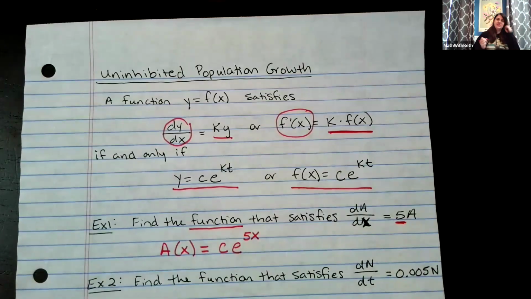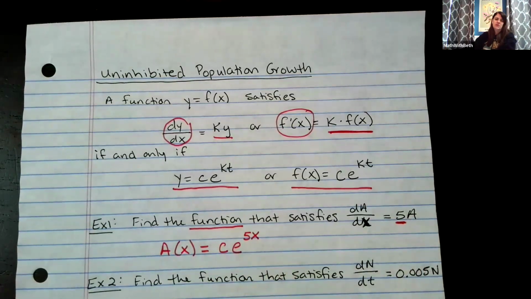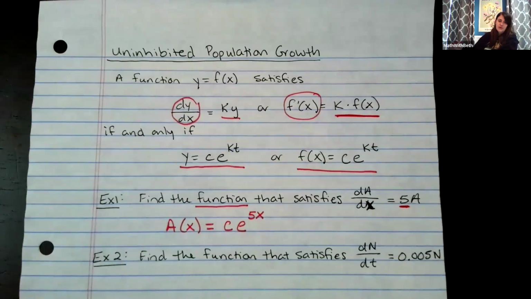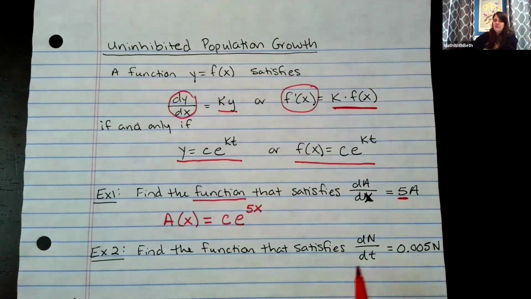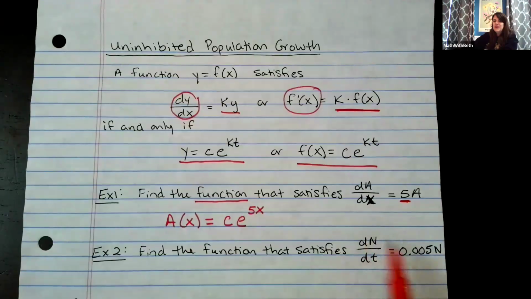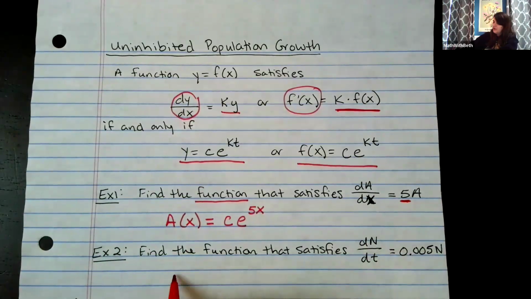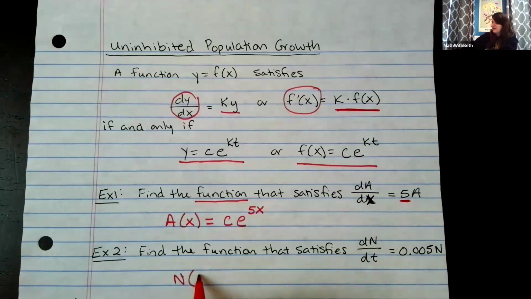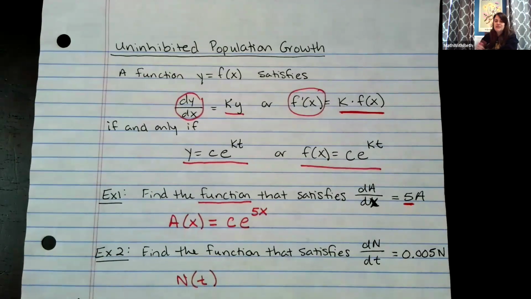So that's it. It's just basically saying that you understand that this type of derivative only happens if the original looked like this. So you can pause it and try number 2, or watch it again if you're confused. So in this case, my hint with these n's is that I'm going to call my function n, but this time instead of having x's, it has t's.